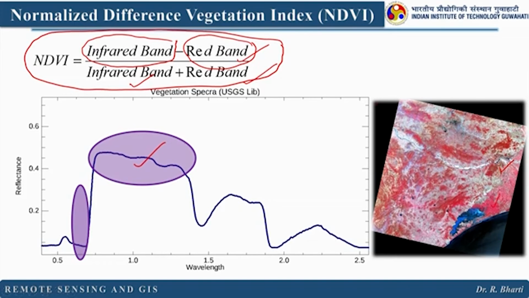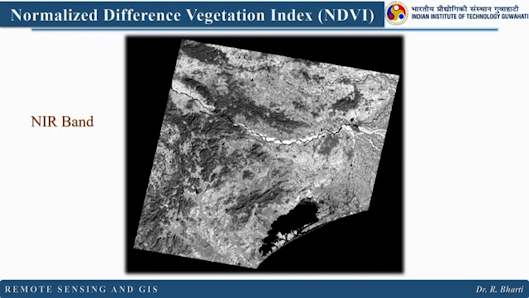So, this is only for the visual interpretation, but in remote sensing we do not rely on visual interpretation. Now, time has come when we do the quantitative analysis, not only qualitative analysis. Depending upon your application, you can perform the quantitative analysis.